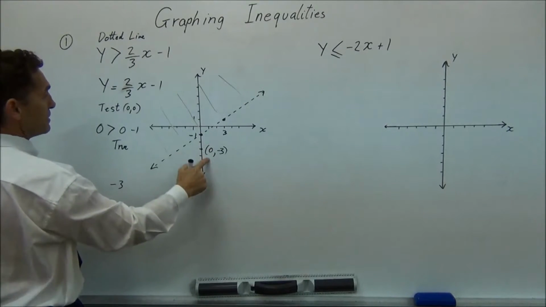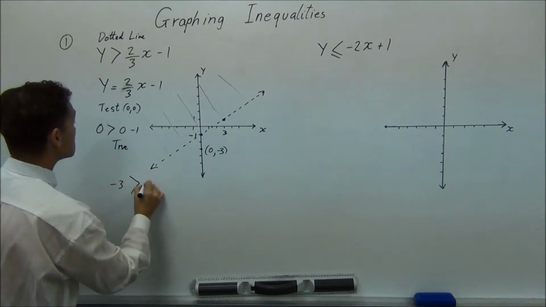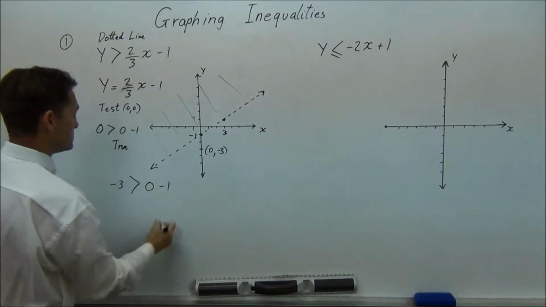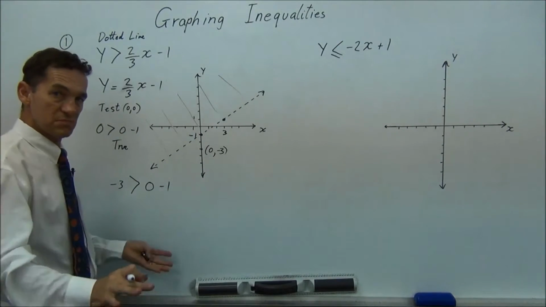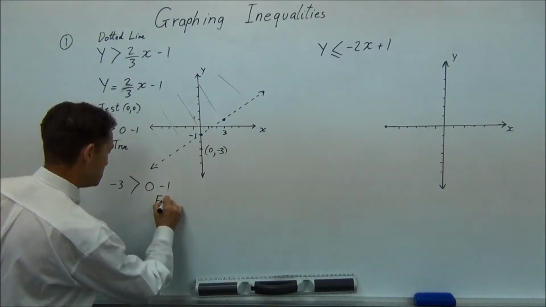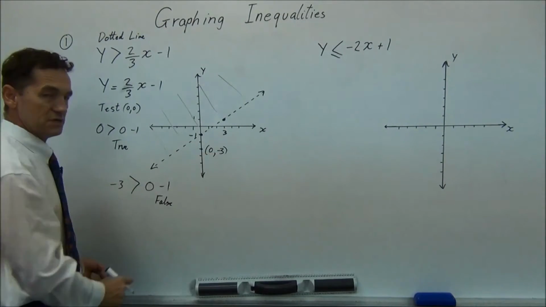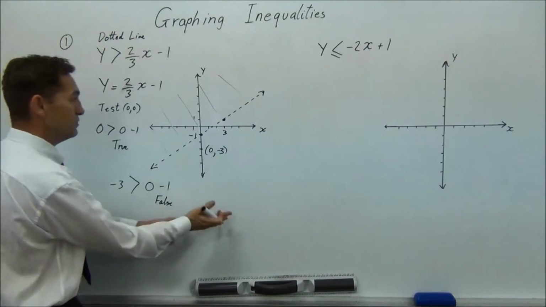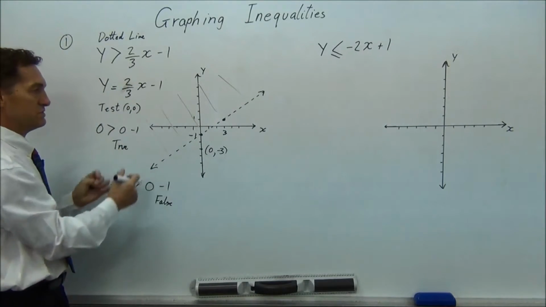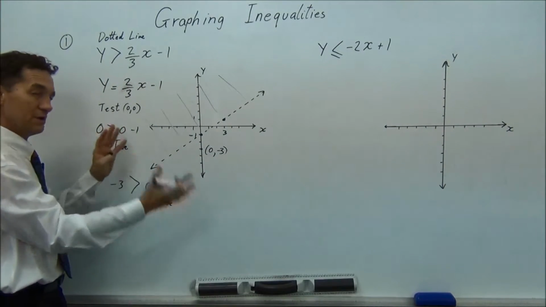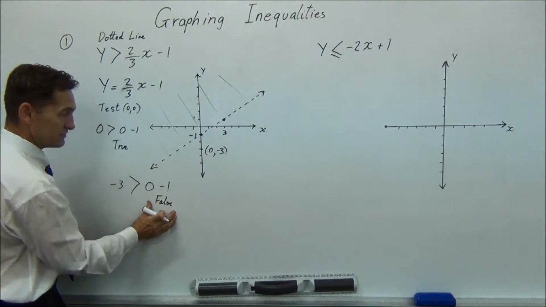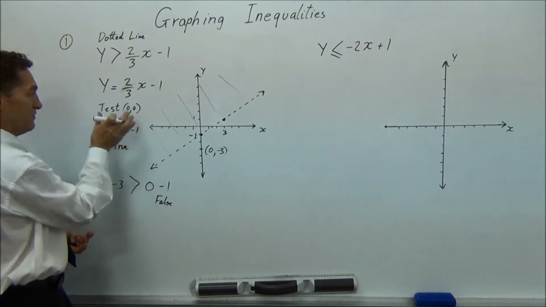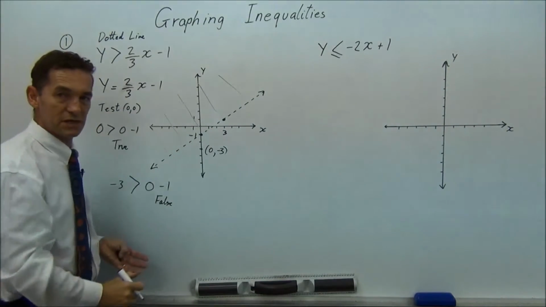Put in 0 for x, so is minus 3 greater than 0 minus 1? So is minus 3 greater than minus 1? No, it's false. So if that was a point you tested and you found it was false, you would colour in the other side, which is the same as testing something that's true. Now you don't know which is which, but it doesn't matter which one you test. If you find out it's false, you colour in the other side. If you find out it's true, that's the side you colour in.